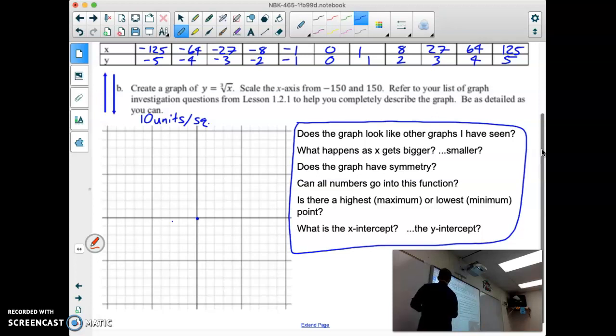Negative 64, down 4. And negative 125 is going to put us off the graph a little bit. Then we're going to be able to do the same thing on the other side: over 27, 3, over 64, 4, a little bit off the graph. So basically what this graph is going to look like, it's hard to tell because we're kind of zoomed out here.